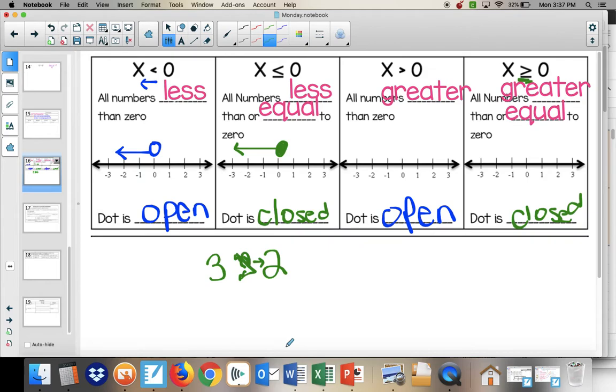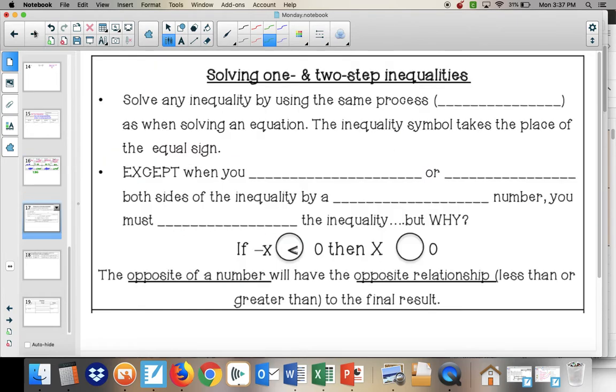And if you didn't learn that, now you have that little trick. So when we're looking at these last two pieces, open means at 0 it's open, anything bigger goes to the right, and this last one, greater than or equal to, is closed and also goes to the right. So if you need to, pause, otherwise we will keep moving on.